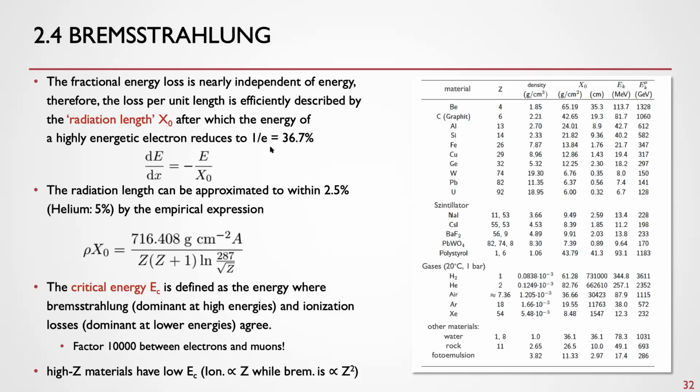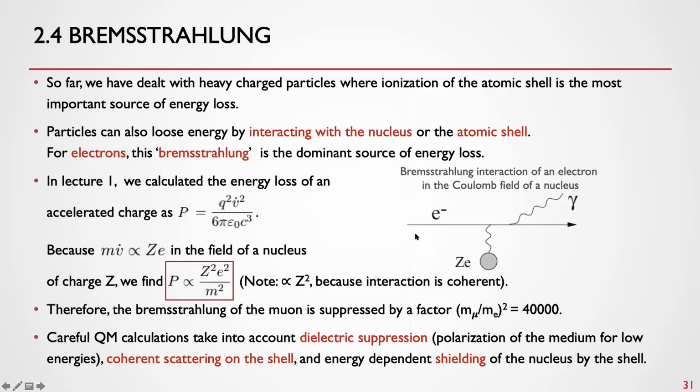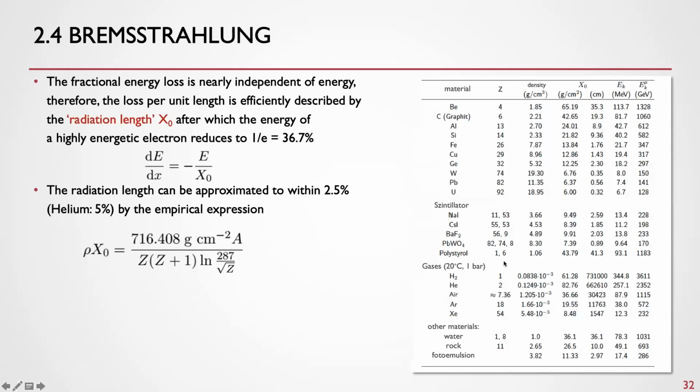It's coherent because the interactions come from photon exchange with the nucleus at energies where the photon does not resolve the constituents inside the nuclei, but interacts coherently with the whole nucleus, and hence the radiation length is very roughly inversely proportional to Z squared.